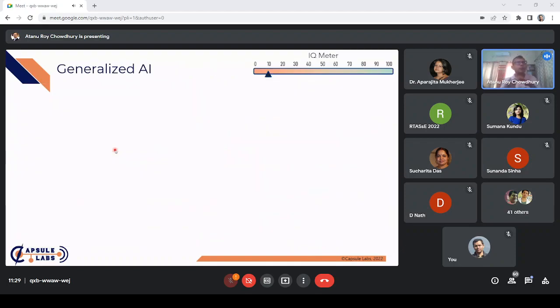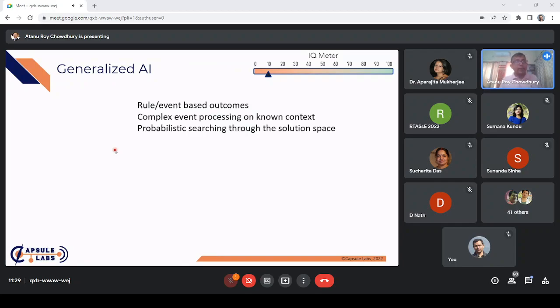It's not in that realm of generalized AI. Remember that. Smart systems, smart products does not mean that it solves all of life's problems. It is still rule-based event outcomes. It is still complex event-based processing based on known context and on probabilistic searching through solution spaces.